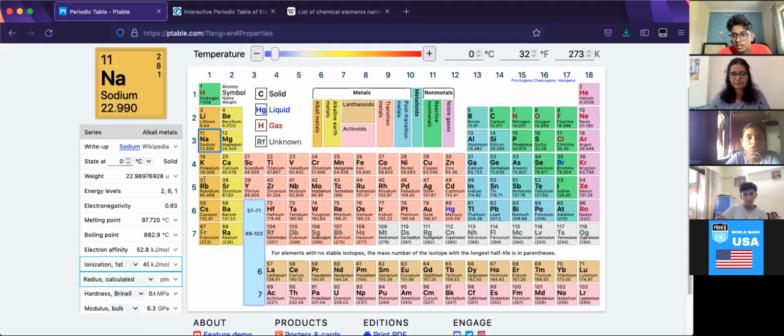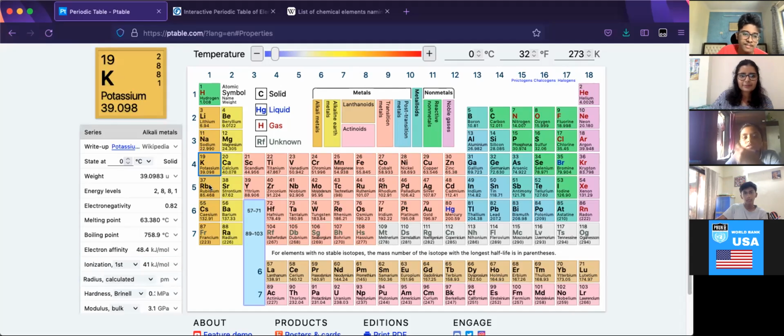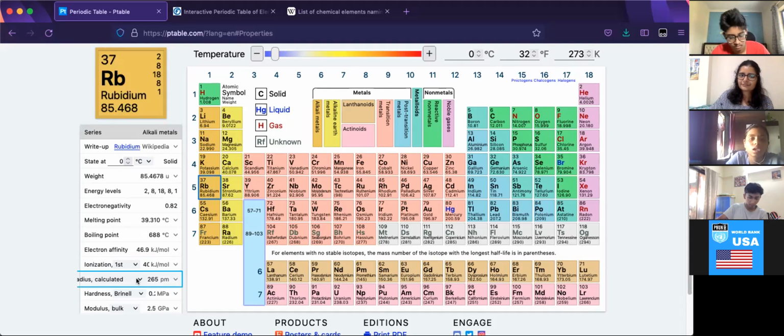Approximately 23. Now sodium to potassium, 190 to 243. What is the difference? 50 something, right? Potassium to rubidium, 243 to 265. That's 22.